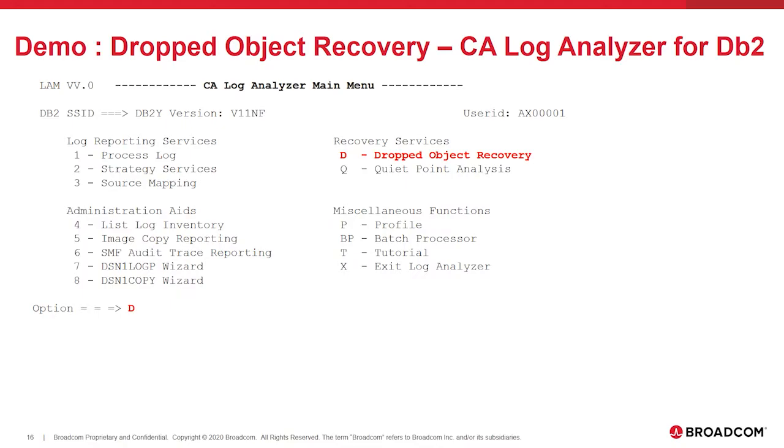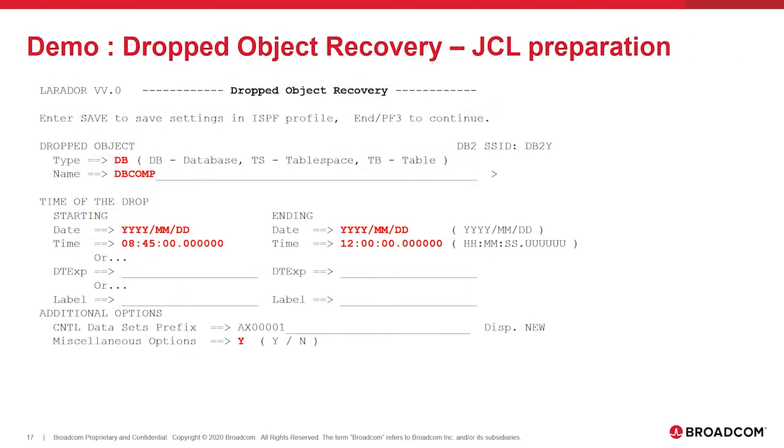Here is the main menu of CA Log Analyzer. To recover a dropped object with automated dropped object recovery, I have to select the option dropped object recovery, option D. On the next panel, I have to specify the dropped object type, DB for database, the name of the database, DBCOMP, and we have to specify the approximate time range of when the object was dropped in the time of drop section.